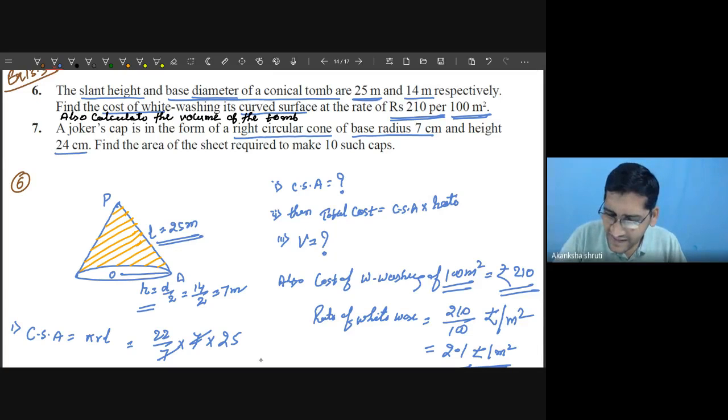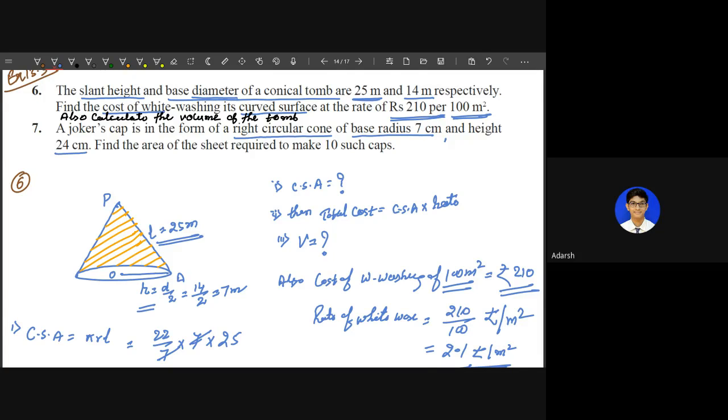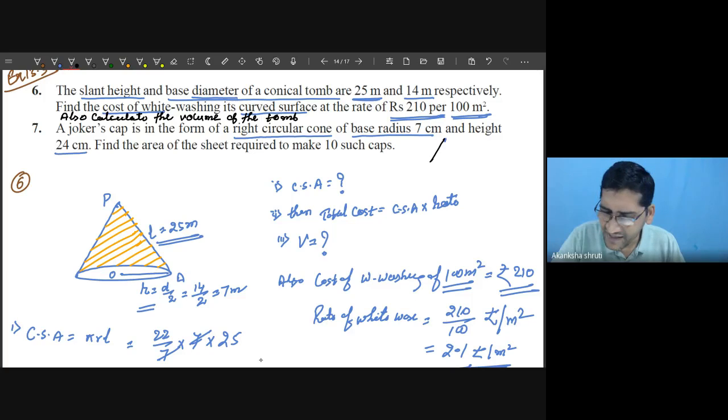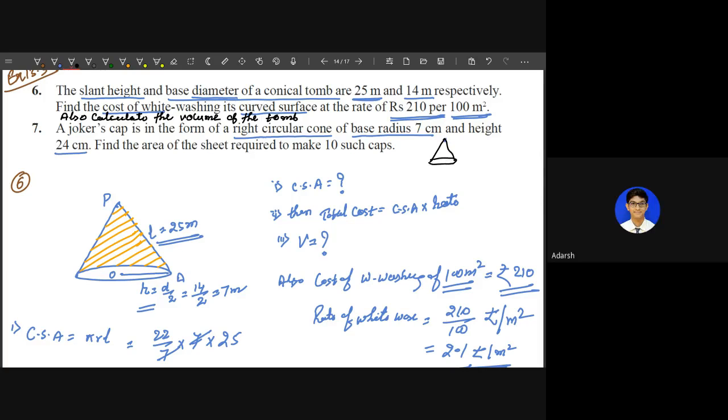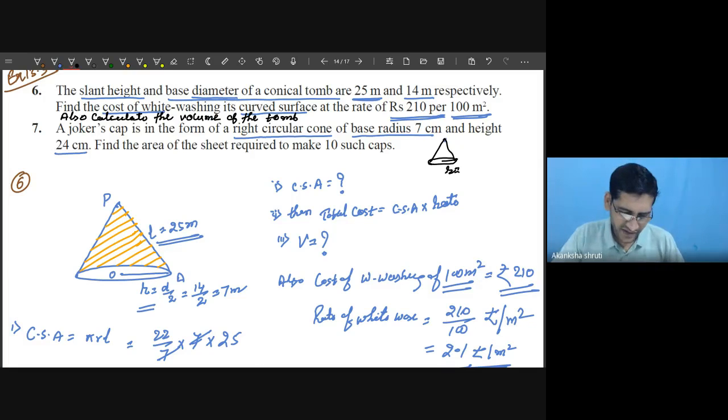The base radius is 7 centimeter and the height h is given as 24 centimeter. Student, what we need to calculate is the slant length.